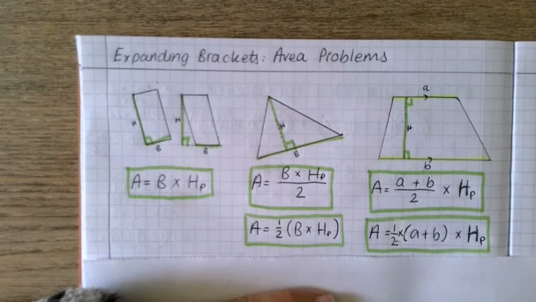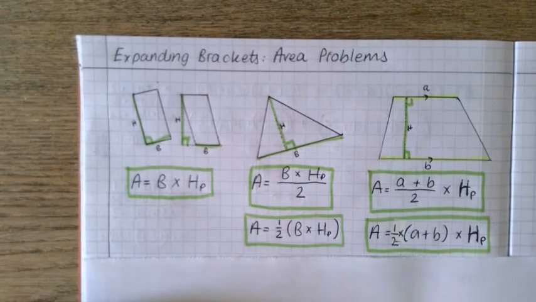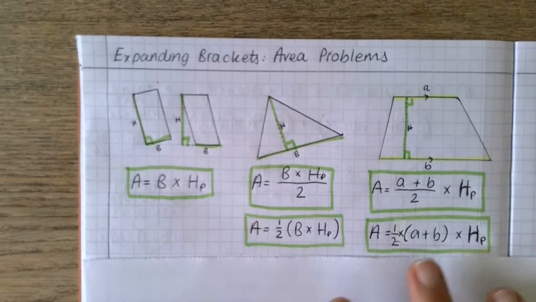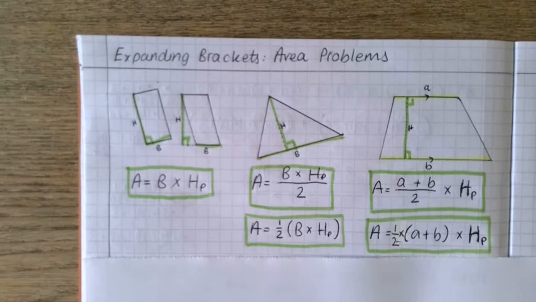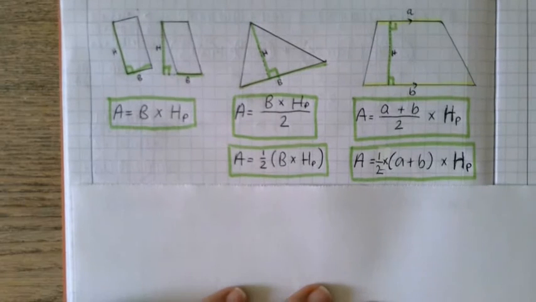So we'll be using these three formulae, or these equations, to find areas of shapes. And all of the shapes today that we look at will have lengths that are, or at least one length that is algebraic. Okay, and we'll be using the skills we've learned in expanding brackets to help us.